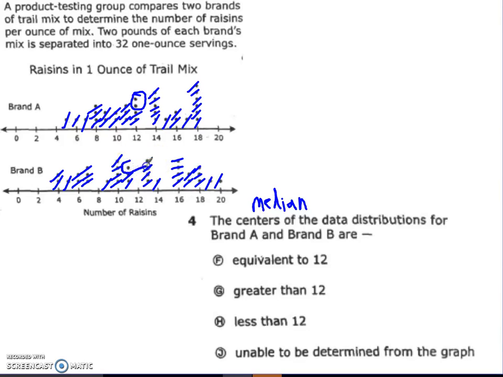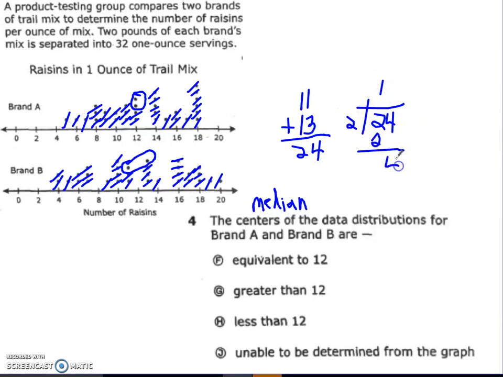Okay, we have 2 in the middle, so 11 plus 13 is 24. 24 divided by 2 is going to be 12. So this is 12 and this is 12. They are equivalent to 12.